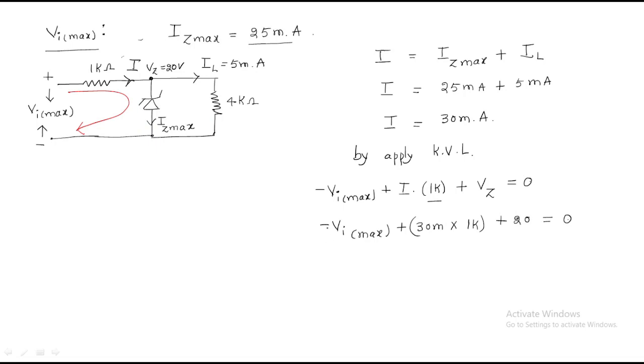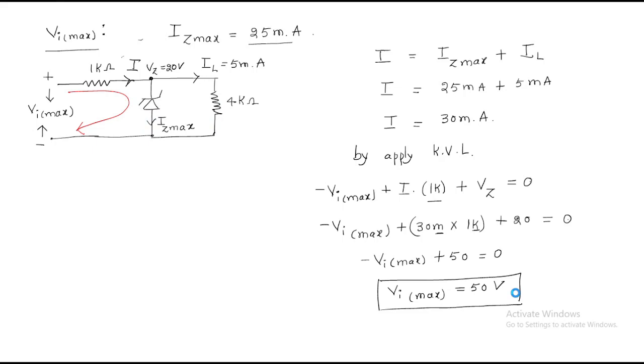By doing the calculation, 30 milli times 1k becomes 30. So VI max equals 30 plus 20, that is 50. Then the maximum voltage is 50 volts.